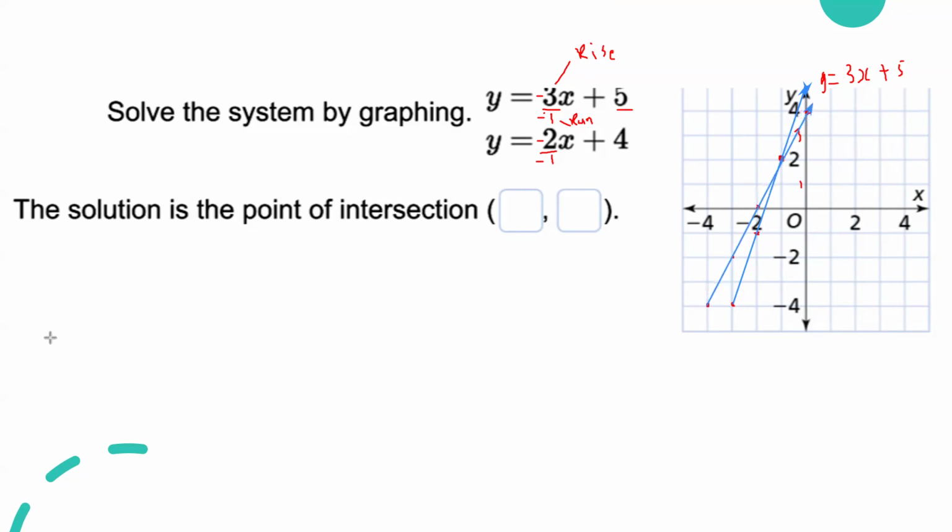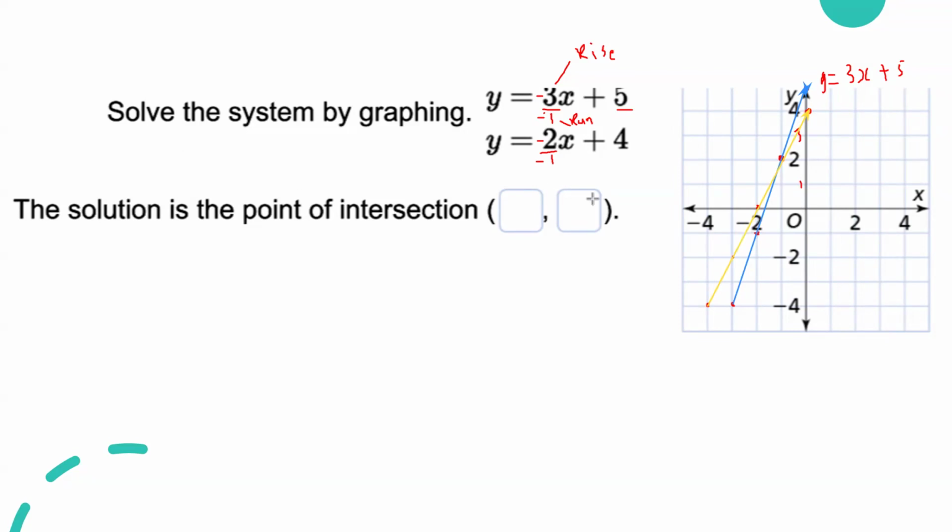Let me see if I can change the color to yellow. All right, so let me erase this one. All right, so that is my graph.